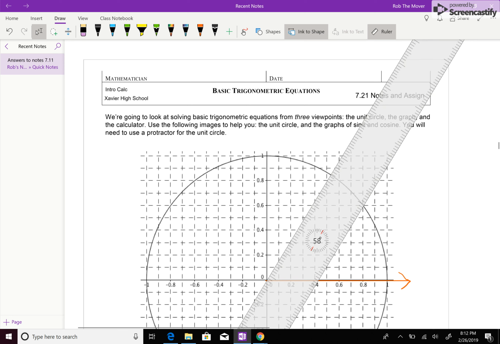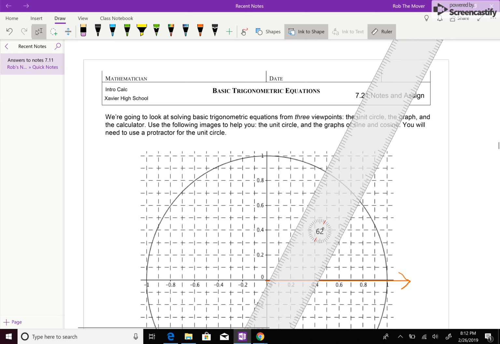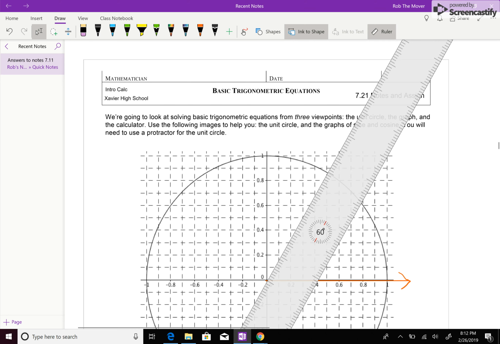I'm going to draw a 60-degree angle approximately right there. So hard to make it perfect.